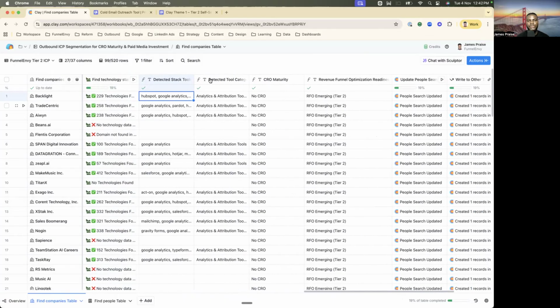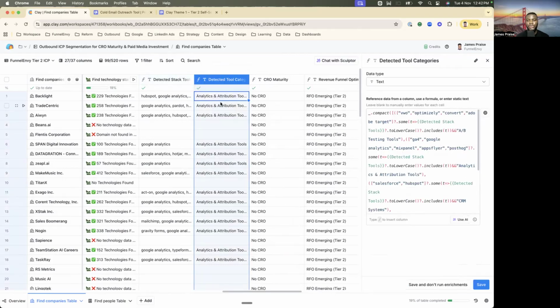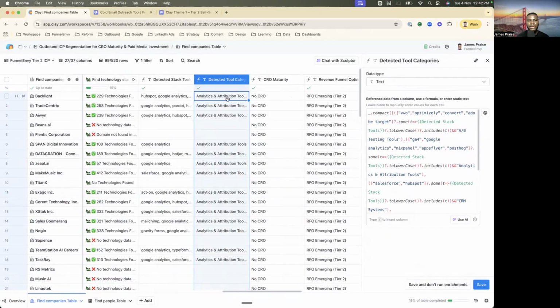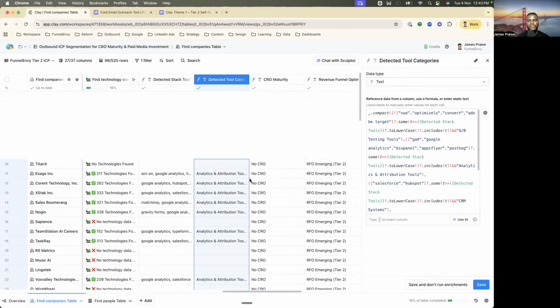And then from this, I was able to determine, based on another categorization logic, if they had A/B testing tools or CRM systems or form stack, and so on, I grouped them into different types of stack tools in this list. And that was what I have on this column, right?